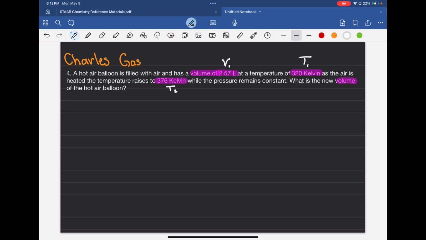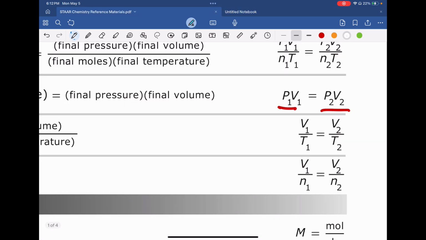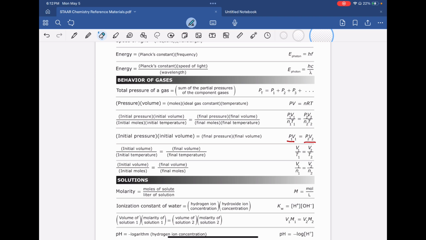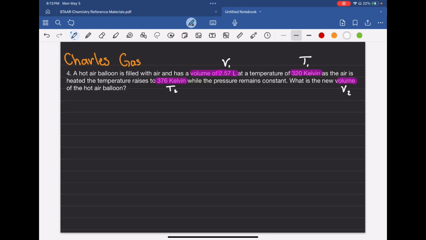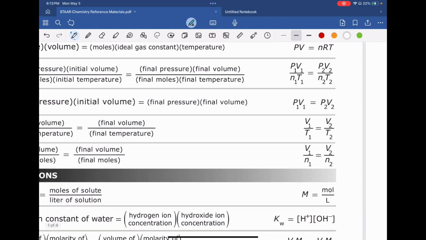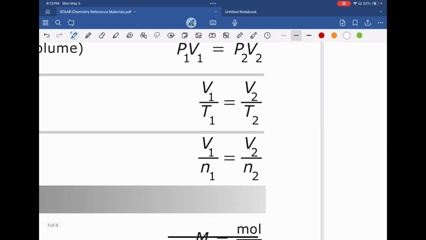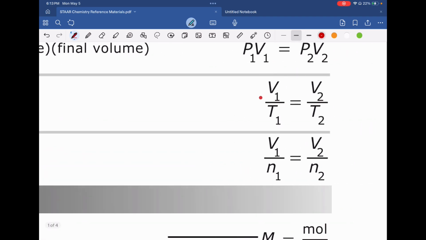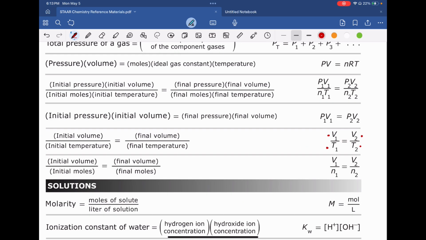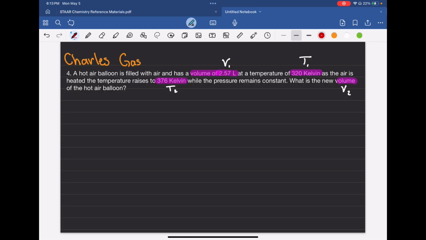And what it's asking is our final volume. So if we look at our reference material, we're comparing volume to temperature. We'll be using Charles law, gas law.